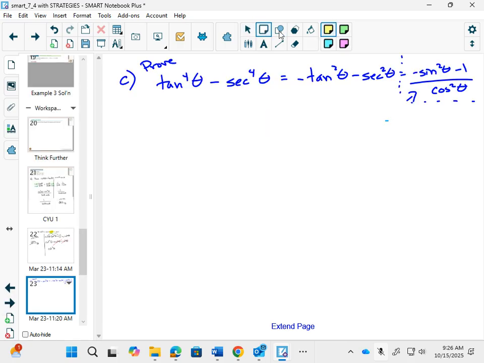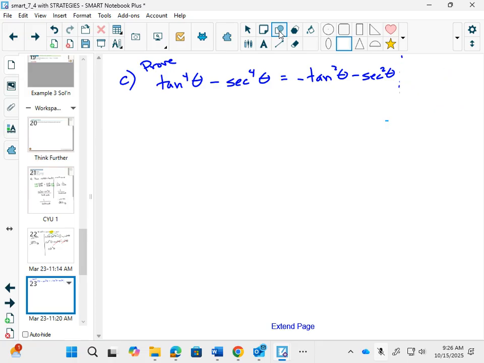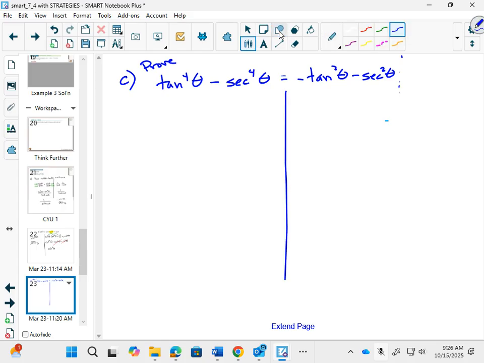All right, I'm adding another question. So this is part C. We're going to prove tan to the 4 theta minus secant to the 4 theta equals negative tan squared theta minus secant squared theta.